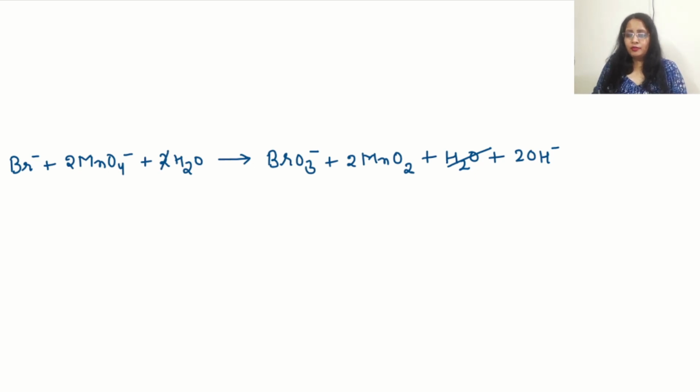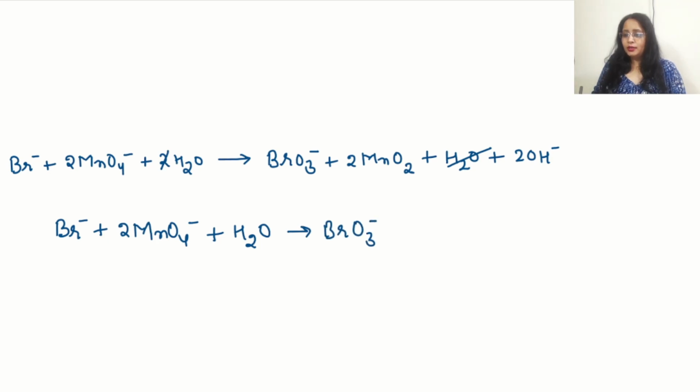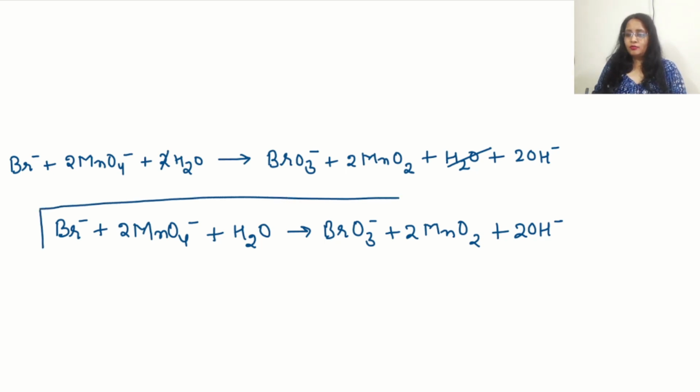So now we will write the overall final reaction, that is Br minus plus 2MnO4 minus plus H2O, because one molecule of water is left. That gives BrO3 minus plus 2MnO2 plus 2OH minus. Now this is our final balanced reaction.